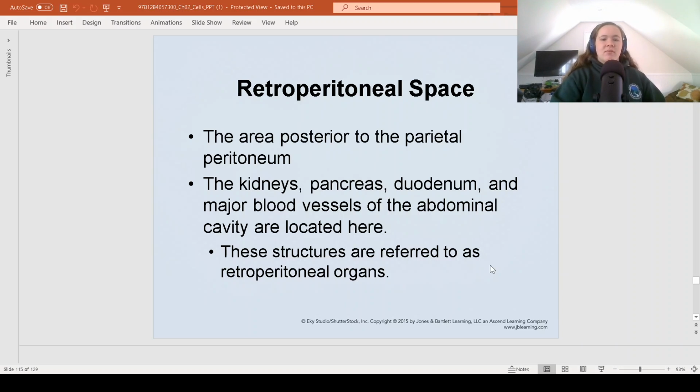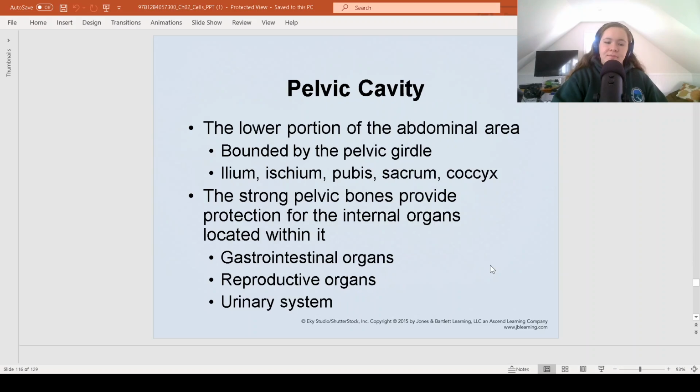The umbilicus is the navel. Retroperitoneal space is the area posterior to the peritoneum, and the kidneys, pancreas, duodenum, and major blood vessels of the abdominal cavity are located here. These structures are referred to as retroperitoneal organs.